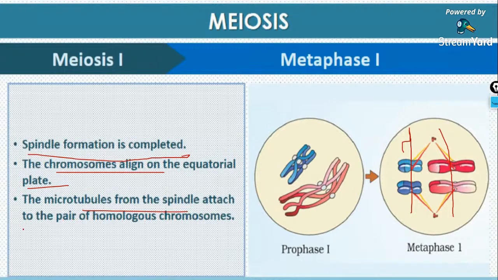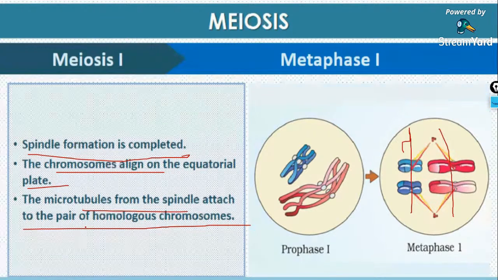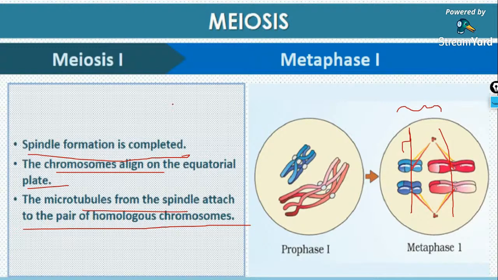Microtubules from the spindle attach to the pair of homologous chromosomes. This stage contains a double metaphase plate, whereas in mitosis there is a single equatorial or metaphase plate.